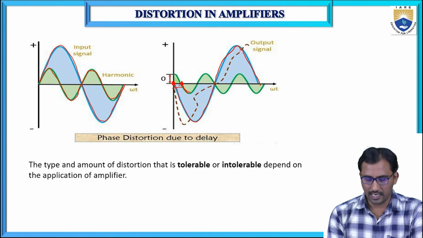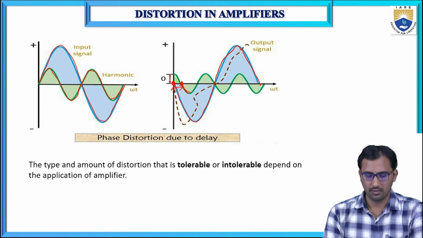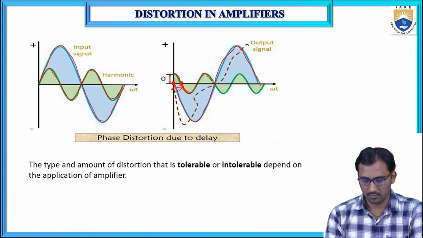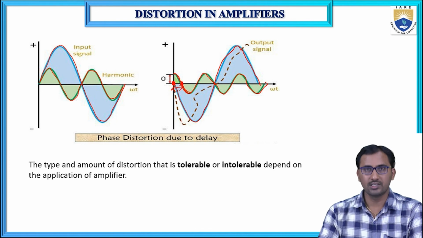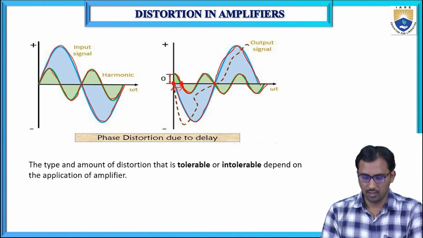So there is a delay. That type of distortion is called delay distortion. So this second harmonic is started with some phase. This type of distortion is called phase distorted signal. This dotted line is the phase distorted one.